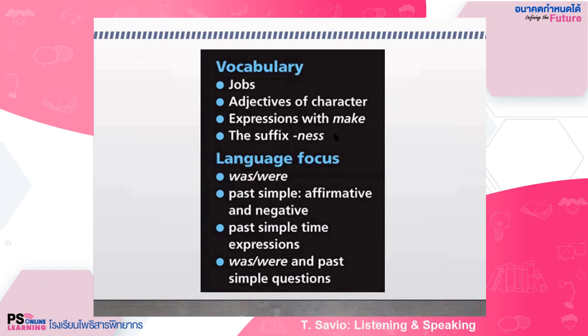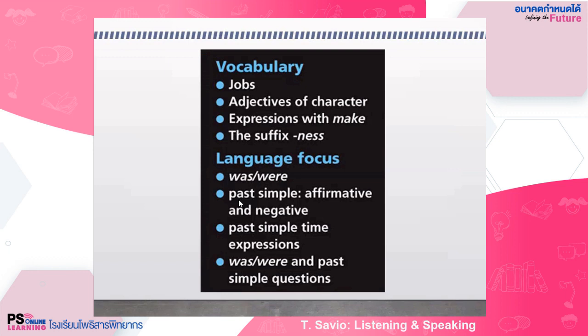The suffix ness. Ness is added to the end of a word. For example, happy, happiness. Something that brings great joy. Okay, so happiness. Our language focus will be on was and were. Was normally used as a singular and were as a plural.